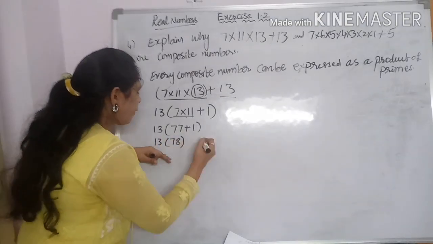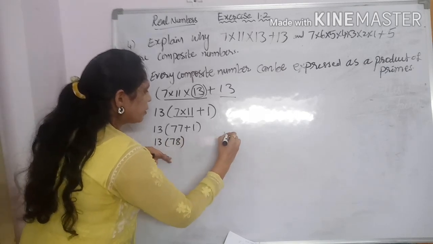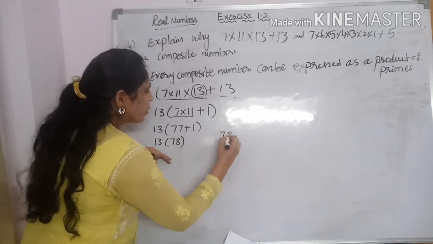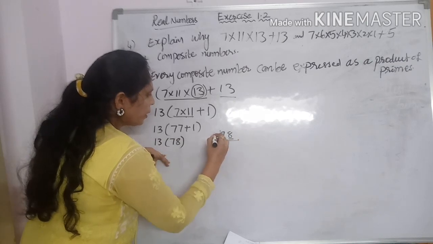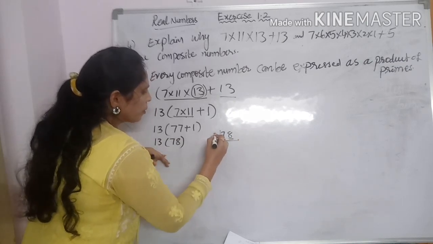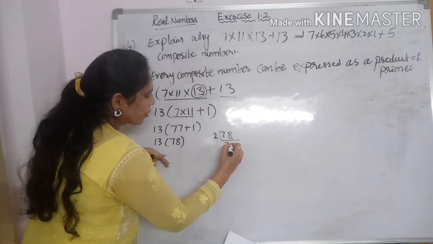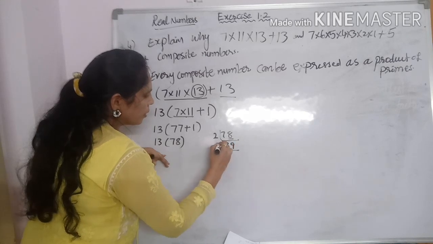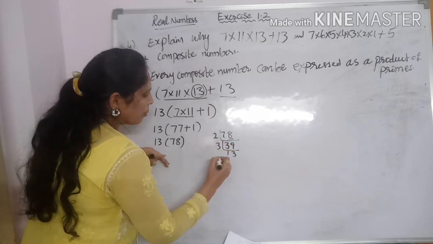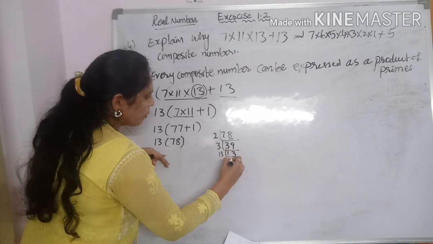Now we should find the factors of this 78. In the units place 8 is there, so we can go with 2. 2 threes are 6, so 3 is a factor.